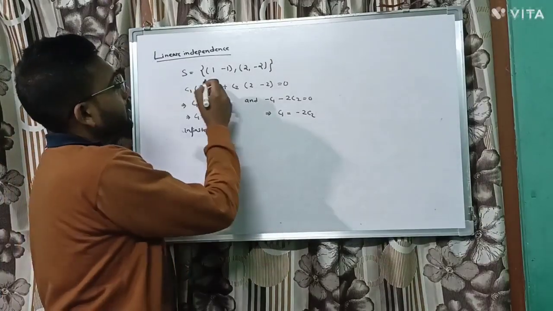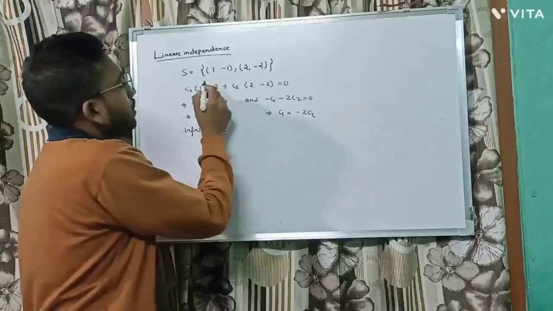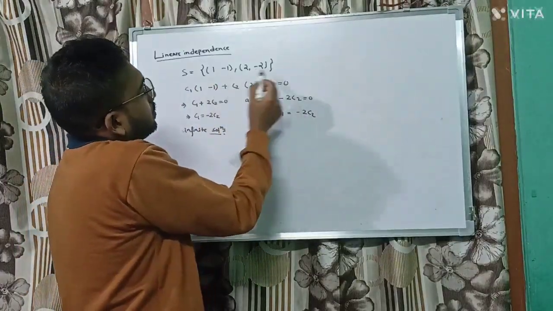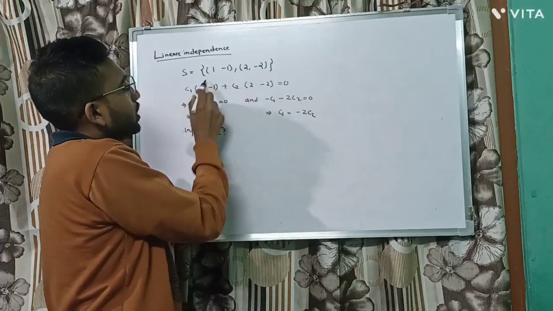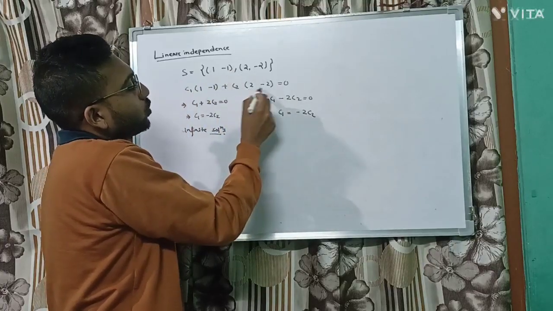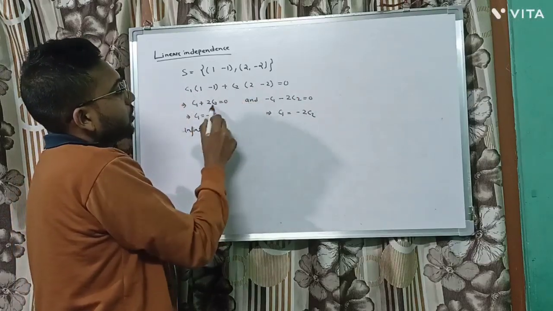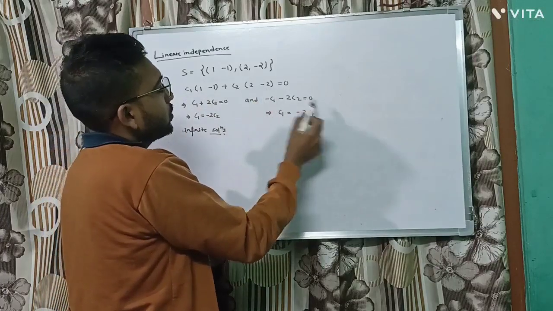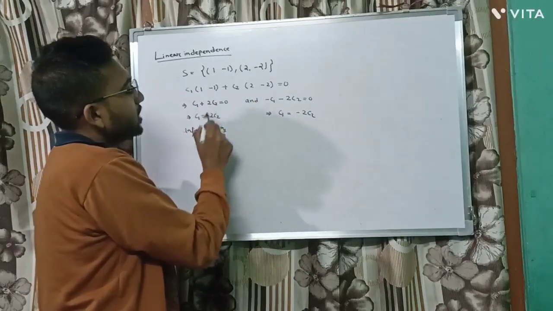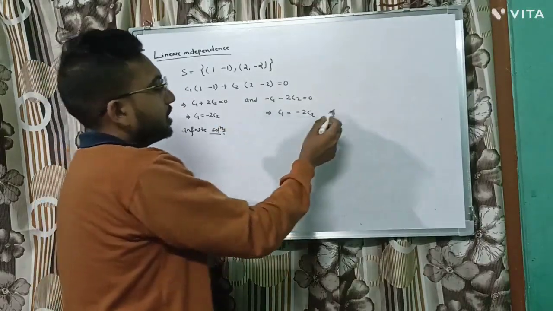So I have taken another example, S equal to 1, minus 1 and 2, minus 2. I have to put these vectors in this equation. So C1 into 1, minus 1 plus C2 into 2, minus 2 is equal to 0. So from here C1 plus 2C2 is equal to 0, and minus C1 minus 2C2 is equal to 0. So C1 is equal to minus 2C2 in both. So these are the same.